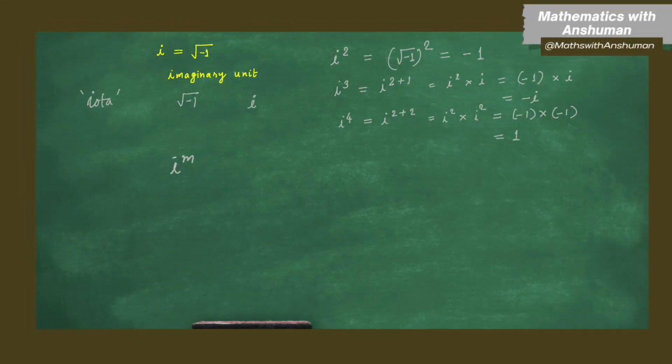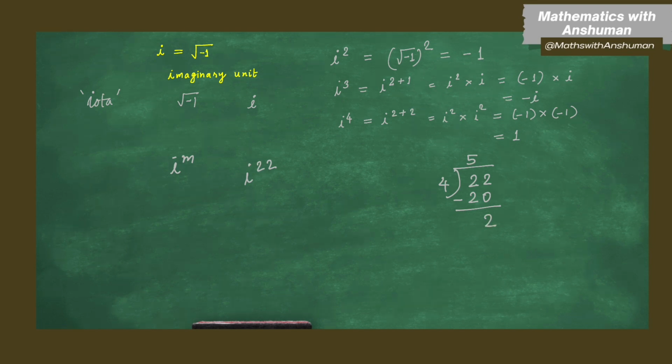Let us take one example. If we have to find the value of iota raised to the power 22, then the first step is simply divide 22 by 4. So 4 5s are 20, and the remainder is 2.